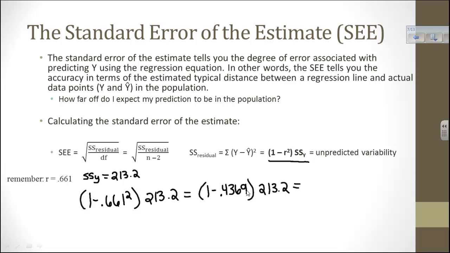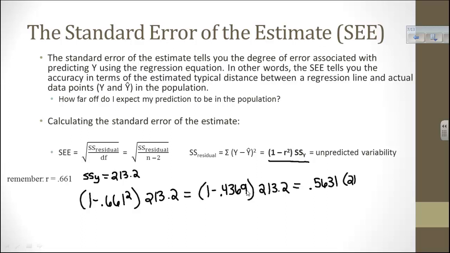1 minus 0.4369 gives you 0.5631. So if we multiply this by 100 to turn it into a percent, which is just more interpretable, right now 0.5631 is a proportion. But if we turn it into a percent, we can say 56.31% of all the differences in earned quiz grades cannot be attributed to the relationship between earned and expected quiz grades.